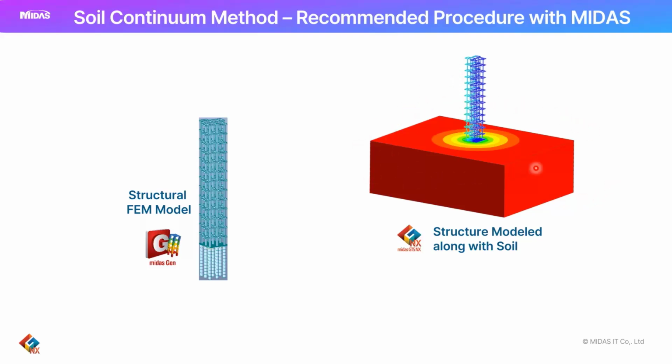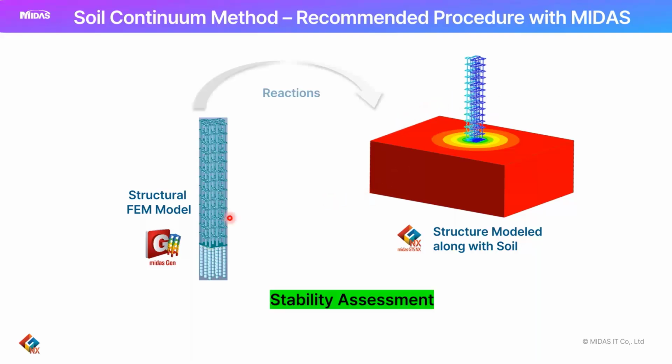Then the reactions from MIDAS Gen for various load combinations will be taken back to GTS NX and applied as loads. So now the loads are applied here. In the previous method we applied loads via Excel sheets, but in this method we apply them via direct transfer between MIDAS Gen and GTS NX, which is an automated procedure.